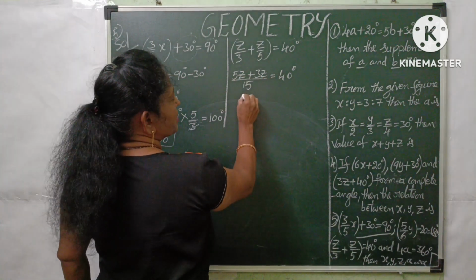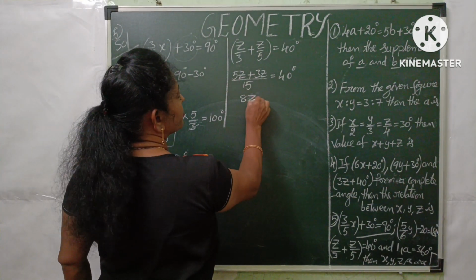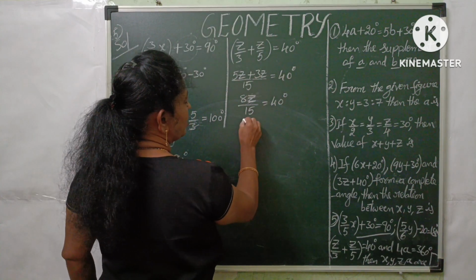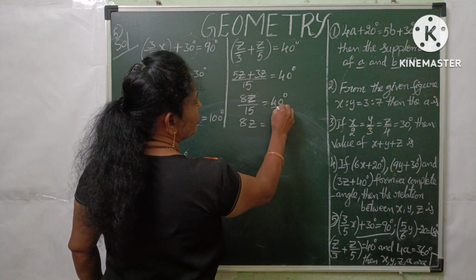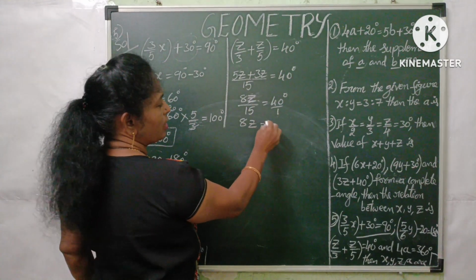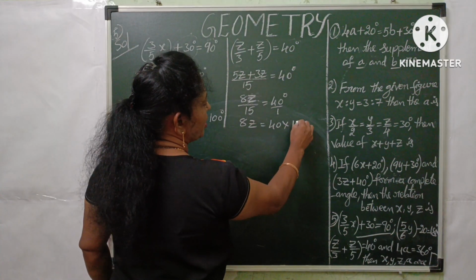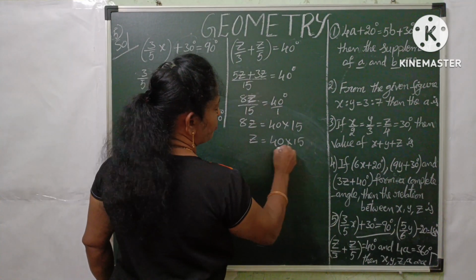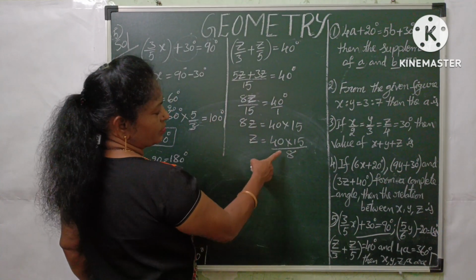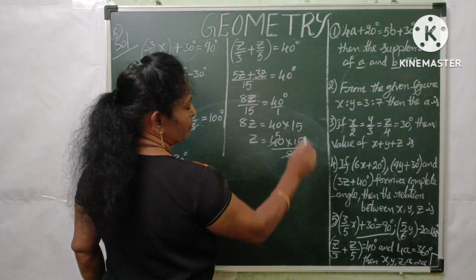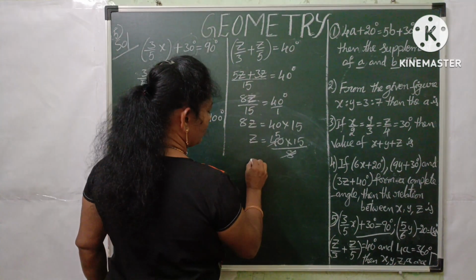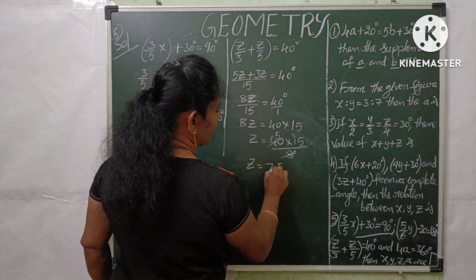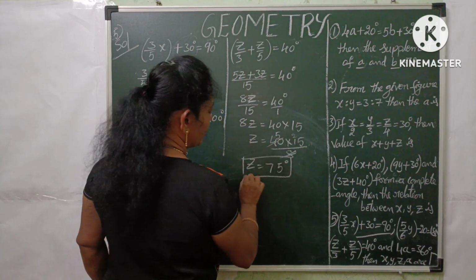Next, 5z plus 3z, 8z by 15 equal to 40 degrees. Then 8z equal to, by cross multiplication, 40 into 15. Now z equal to 40 into 15 by 8. Here 8 table in 40, 5 times. So 5 15s are 75. So z equal to 75 degrees.